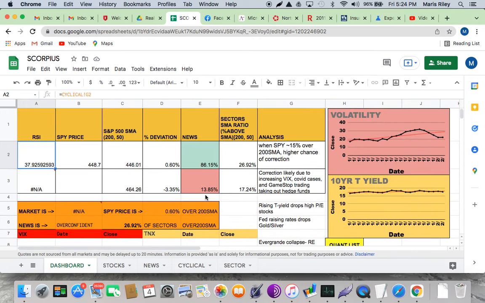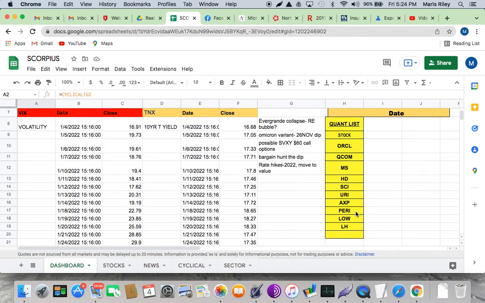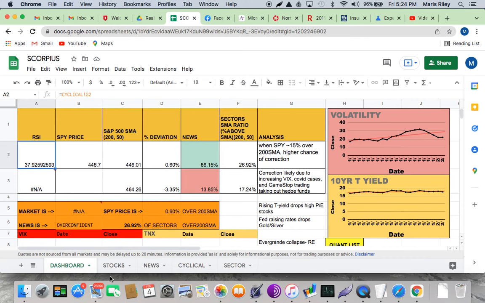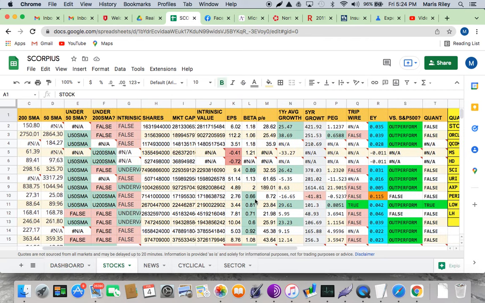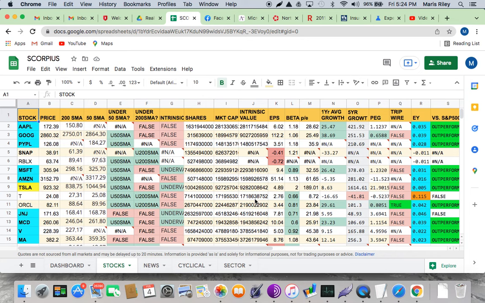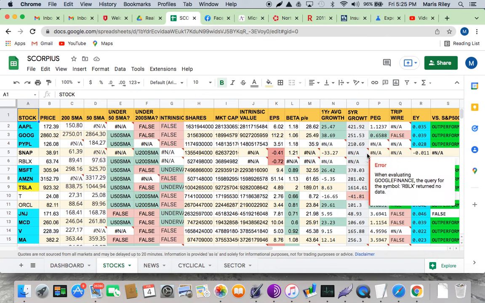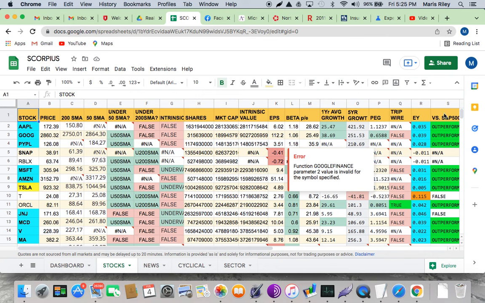So we're going to talk about the Quant List now, and we'll discuss the 5 criteria. Here it is, and it's populated from my stocks tab. What I did was take data that I already had, things like earnings per share, 1-year growth, 5-year growth versus the S&P 500, price to earnings over the growth ratio, and a couple other things.